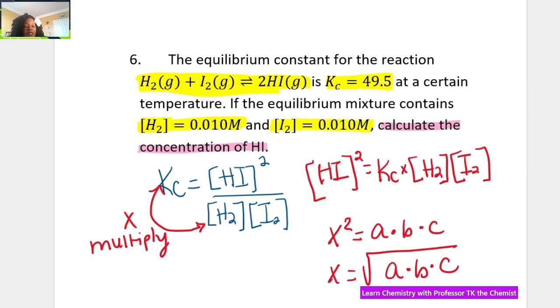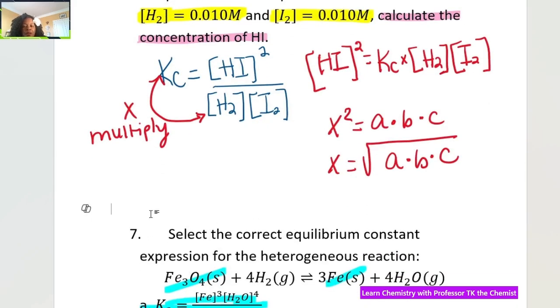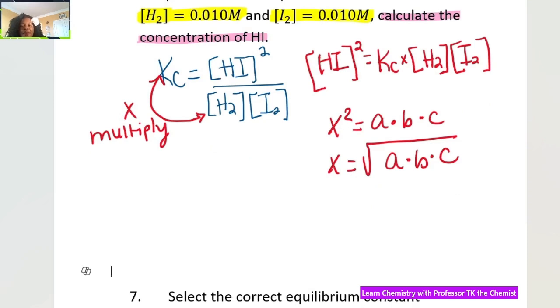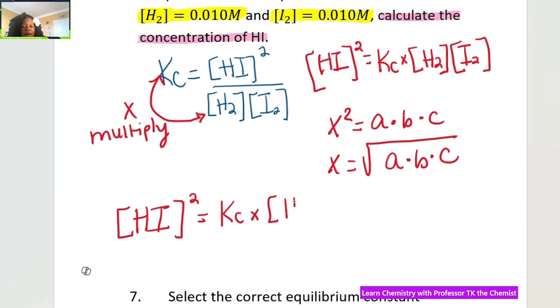All right, now let's finish this problem off right here. Okay, let's go ahead and finish it off. So for number 6, what we're going to do is take that formula right there, HI. This is what it was over here, guys. I'm going to rewrite it so you all can see what I'm doing.